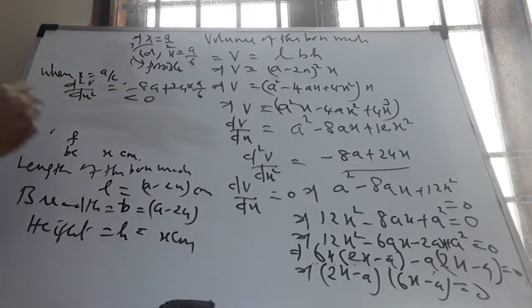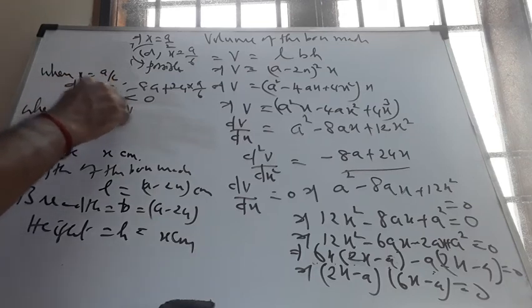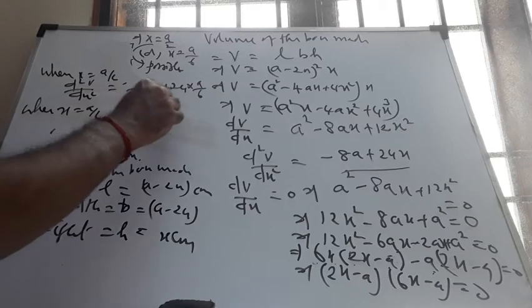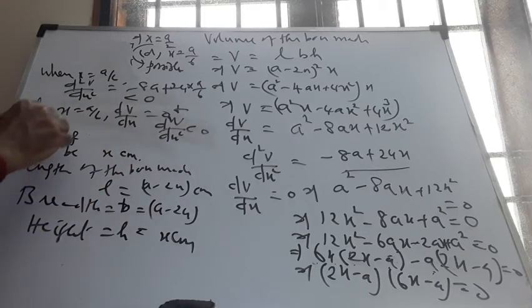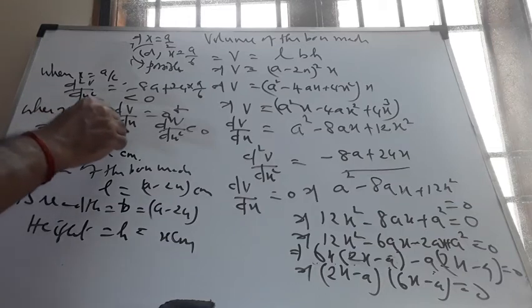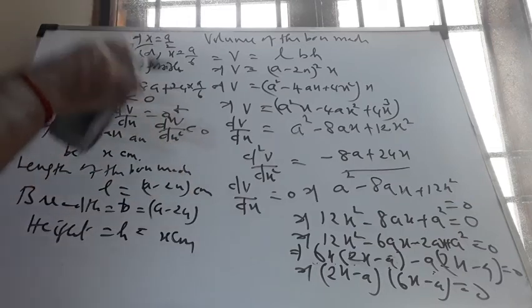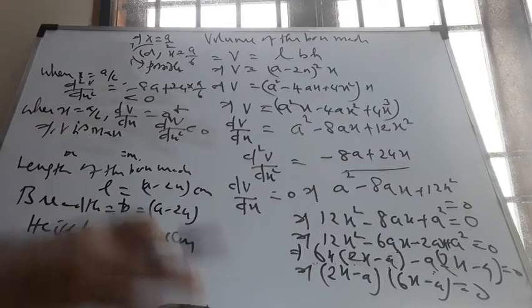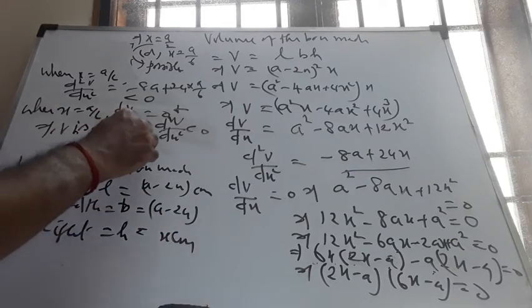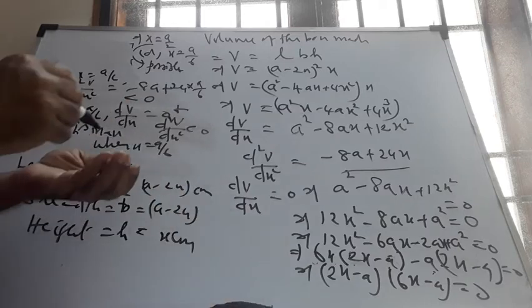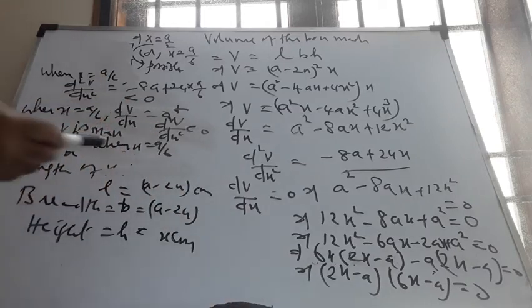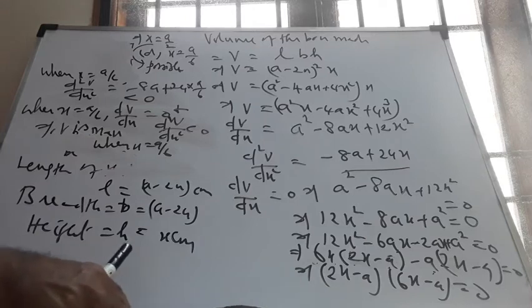Therefore, when x is equal to a by 6, dv by dx is equal to 0 and d square v by dx square is less than 0, which implies v is maximum when x is equal to a by 6. Therefore, give the conclusion wording: the side of the square to be cut off should be a by 6 centimeters for the volume of the box to be maximum possible.